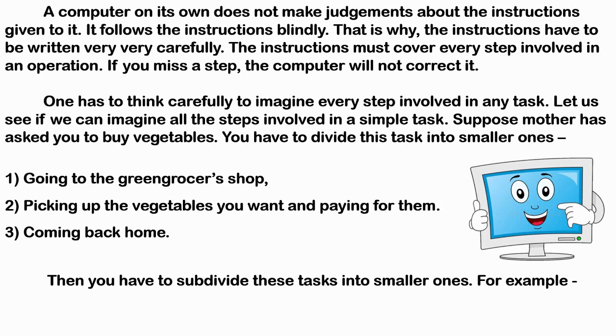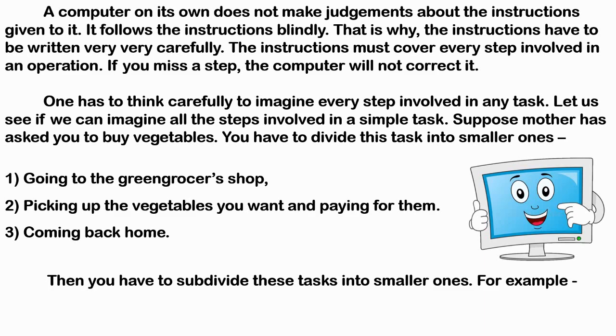Then you have to subdivide these tasks into smaller ones. Now, after these three steps which I told you, those three steps are going to the greengrocer's shop, picking up the vegetables you want and paying for them, and coming back home. Each step needs to be divided into much smaller tasks. Now you can see a flow chart.